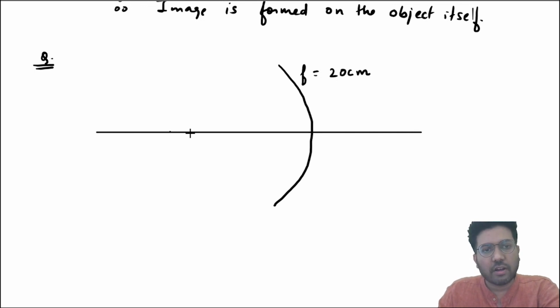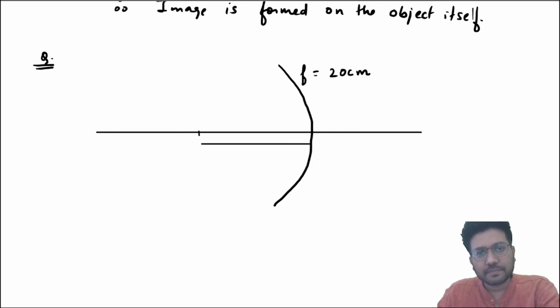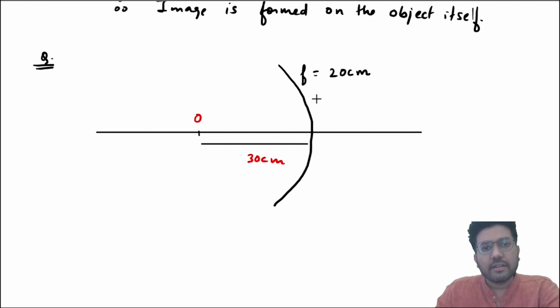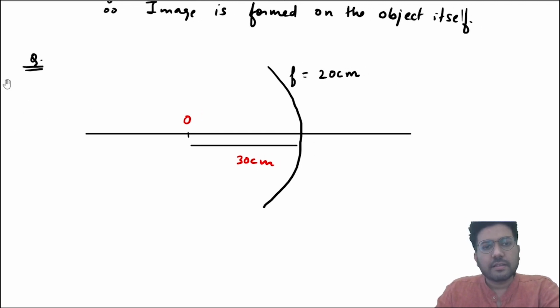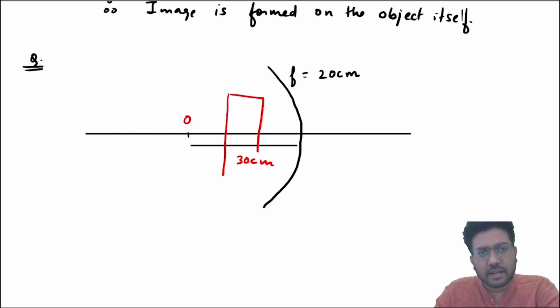Suppose this is the object which is at a distance of 30 centimeter, and we need to find the final image if a slab is inserted here. So suppose I have inserted a slab here and it is given that the thickness of the slab is 3 centimeter and the refractive index is 3 by 2.